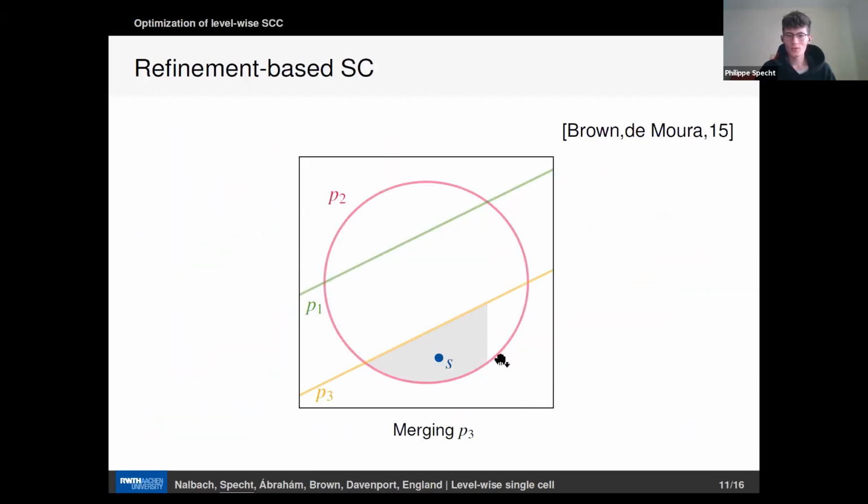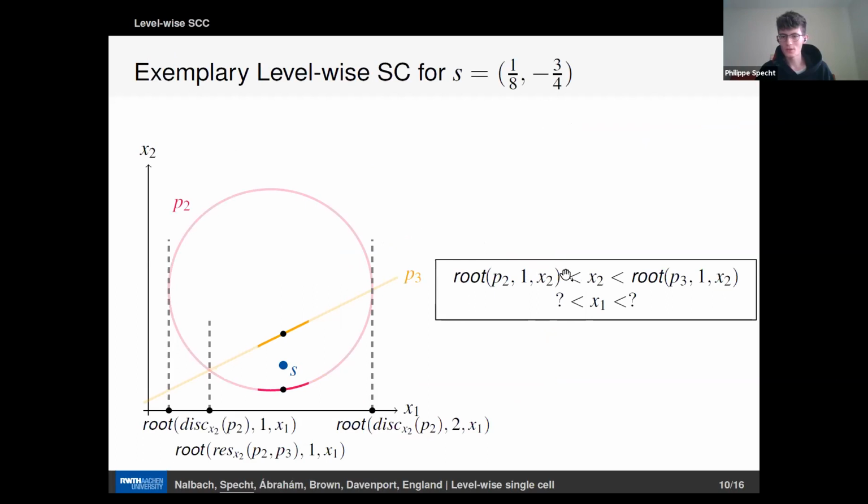In this case, I only described an open cell, and an open cell has open bounds in both directions. But it can also happen that our point is on a line, so that we don't get bounds of this form, but we get bounds where there is an equality. So we can have a root be equal to x2 right here.